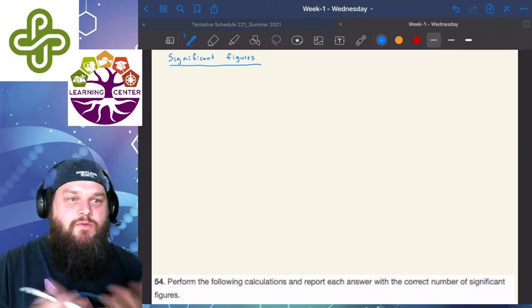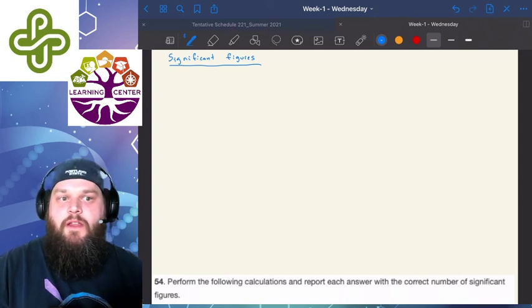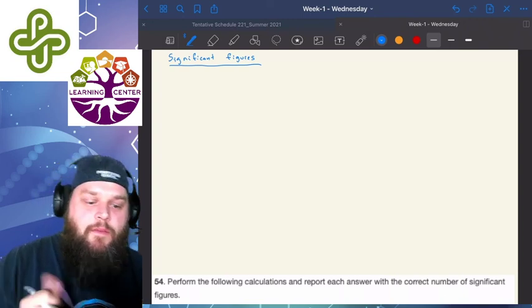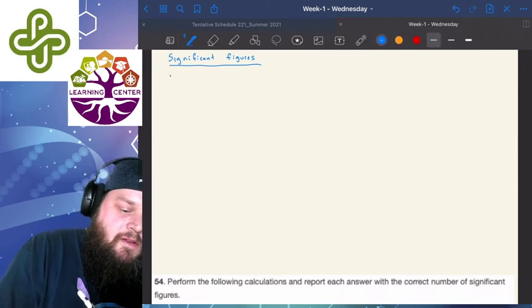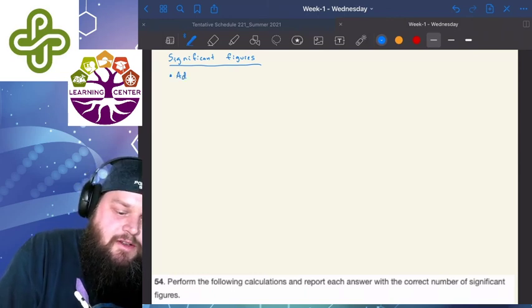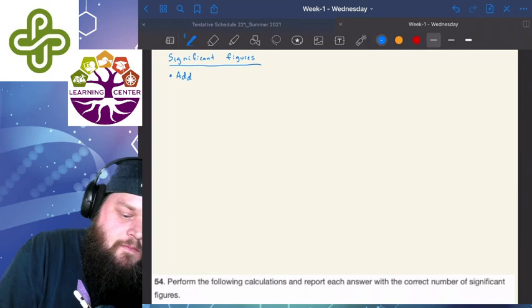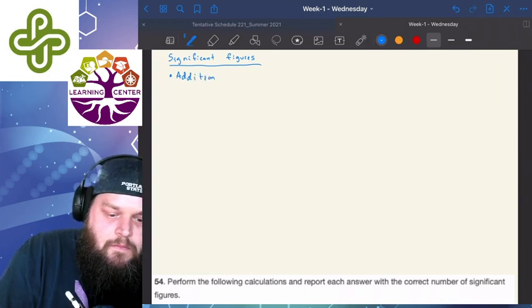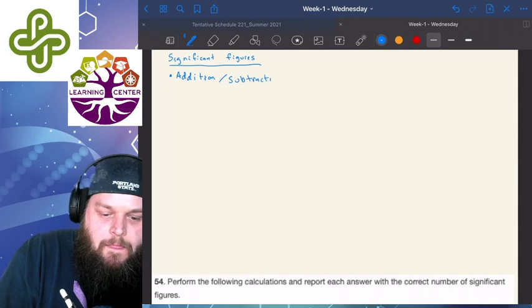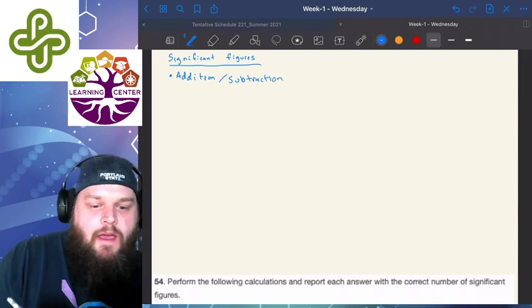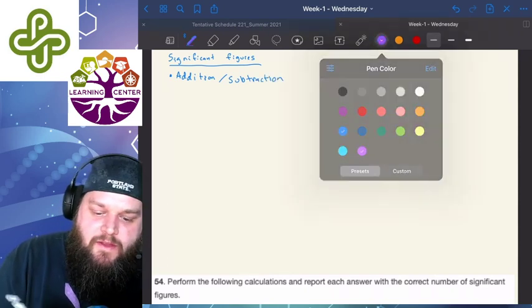It's good if you run into these weird calculations to look up what that rule might be. But for the most part, we're going to deal with two different types. The first type is addition and subtraction. And I can give a few examples of these.